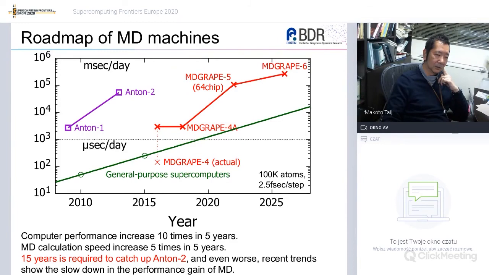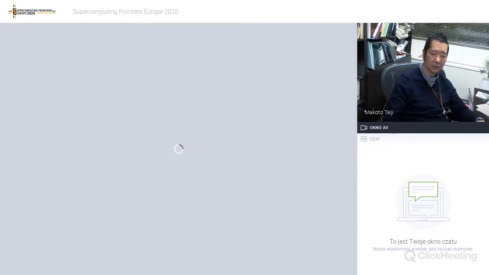This is a prediction of calculation time per day on general purpose supercomputers. It is almost correct, but still a little bit slower than expected. Anyway, it is very difficult for general purpose supercomputers to catch up with Anton-type machines. So we will continue our development, hopefully.